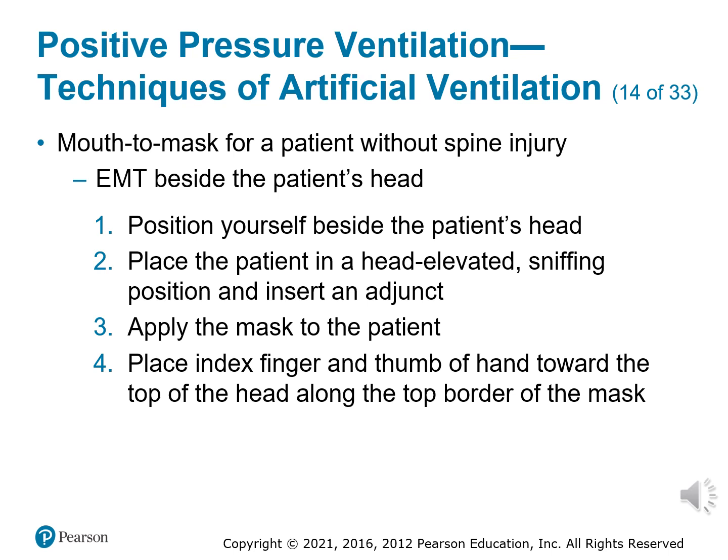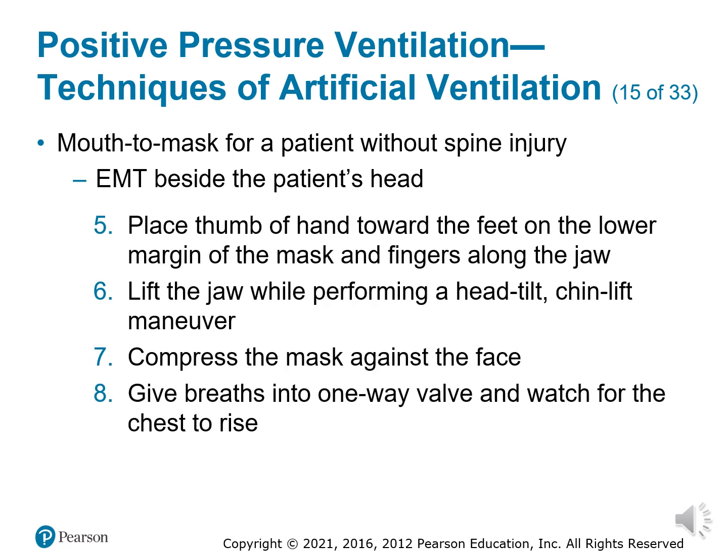Apply the mask to the patient and place an index finger and thumb of the hand toward the top of the head along the top border of the mask. You're then going to place the thumb of the hand toward the feet on the lower margin of the mask and the fingers along the jaw. You're going to lift the jaw while performing a head tilt chin lift maneuver. Compress the mask against the face and give breaths into a one-way valve and watch for the chest to rise.